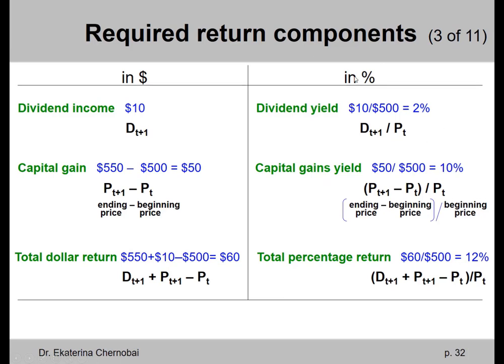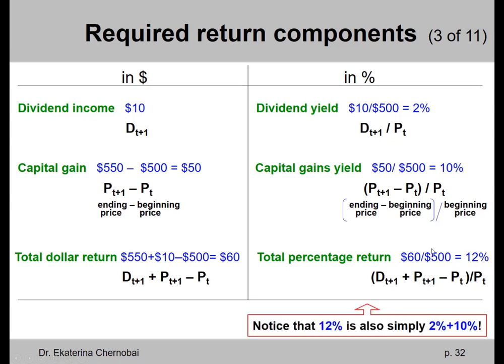Or you can do it in percentage terms by combining the dividend yield, 2%, and the capital gains yield, 10%, and you get 12%. Or instead, to find the total percentage return, you take the total dollar return, $60, and divide it again by how much money you invested, which is $500. So that's another way to get the 12% total percentage return.